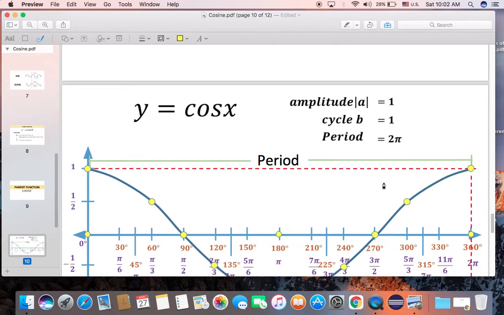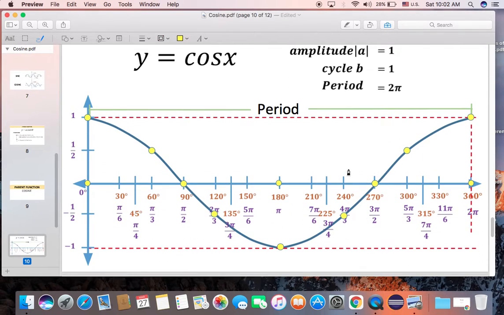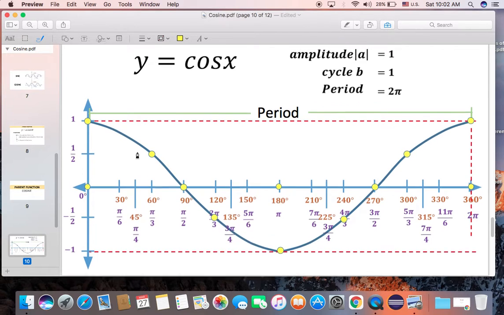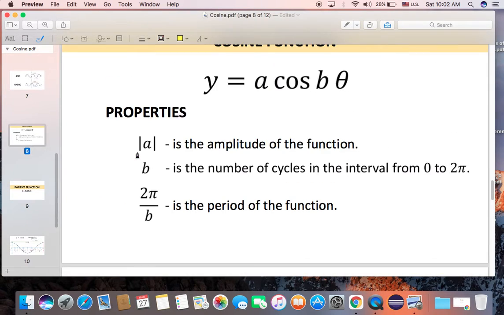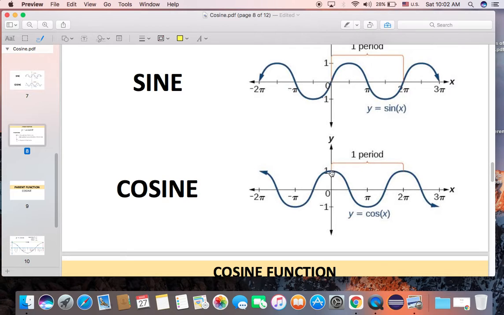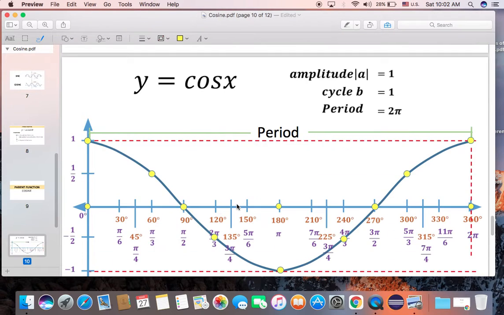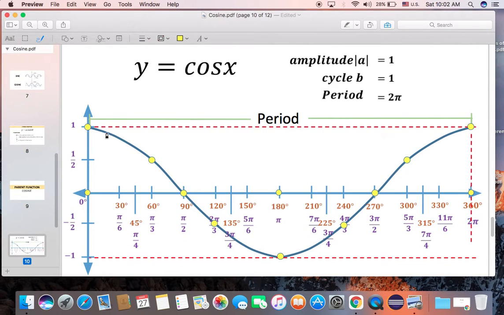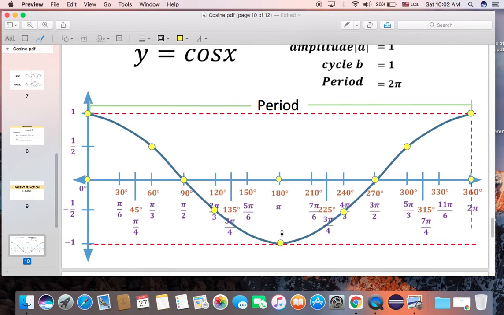Let me see about the graph. The graph here, we studied already about the cos graph. For the cos graph we start from 1. See, it does not start from 0 like sin. Okay, let me see this graph. This is the 1. Okay, 1 and go to 90 and go to pi and go to until 2 pi.